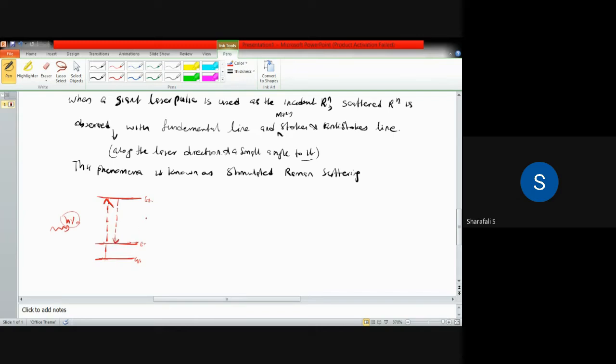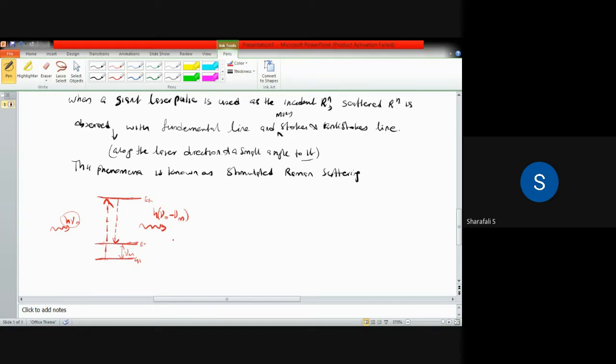In this case, we will have a radiation with energy h nu 0 minus h nu m, where nu m corresponds to the separation between the two energy levels. So this is nothing but the Stokes line which is coming out from the sample.